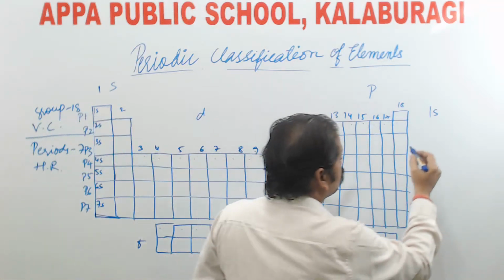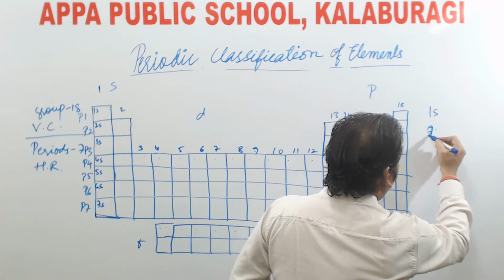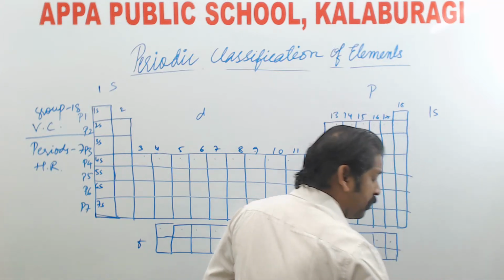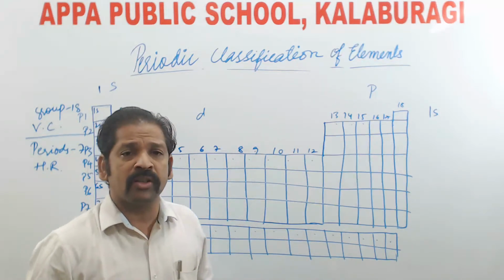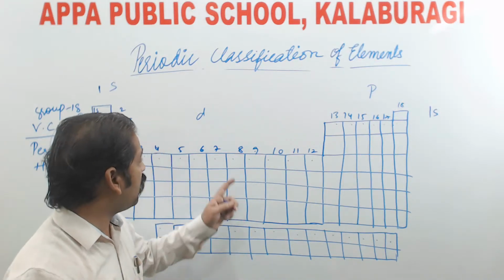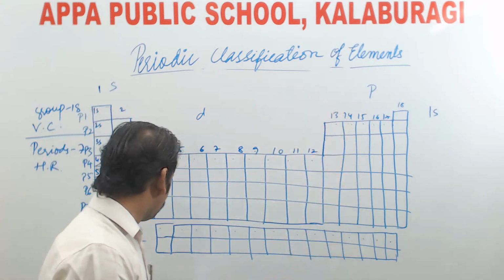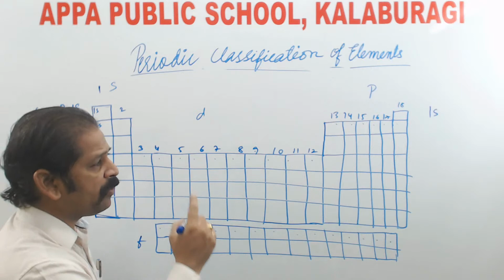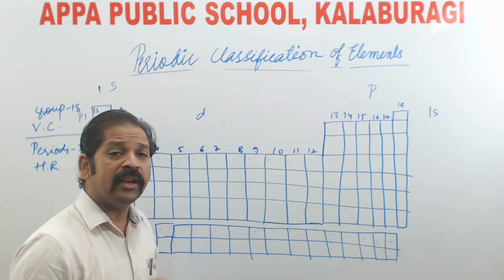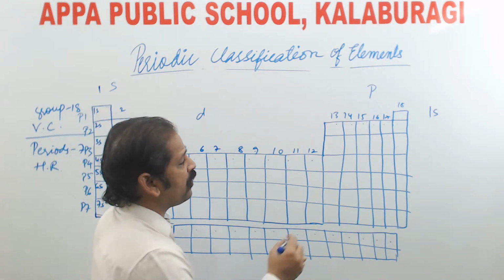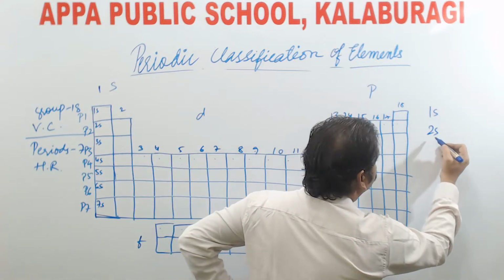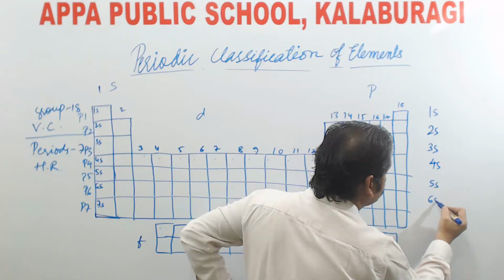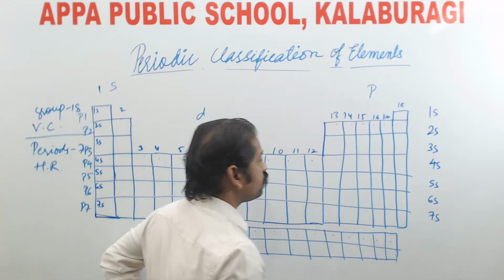S are 7. Remember that SPDF blocks should be written in small letters. D small, F small, S small, P small. All these letters should be indicated in small letters.